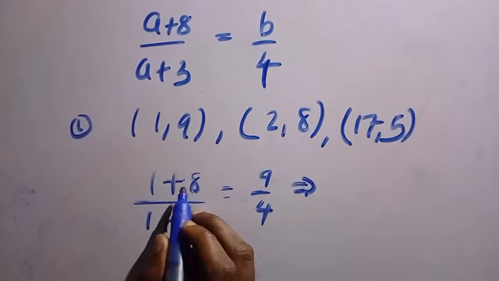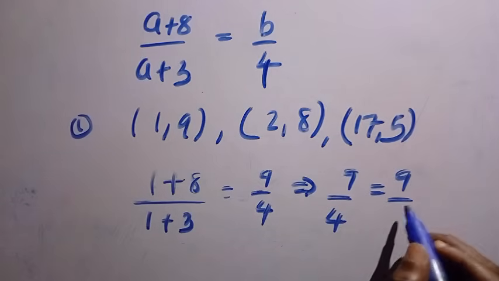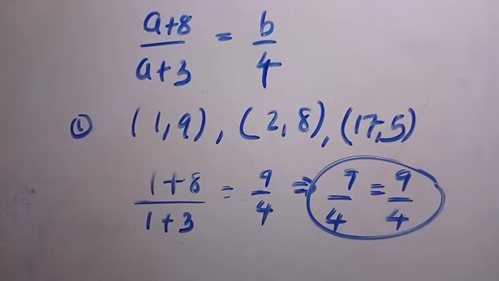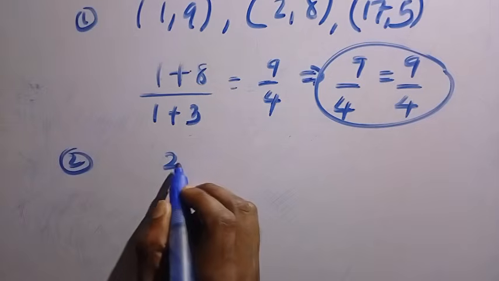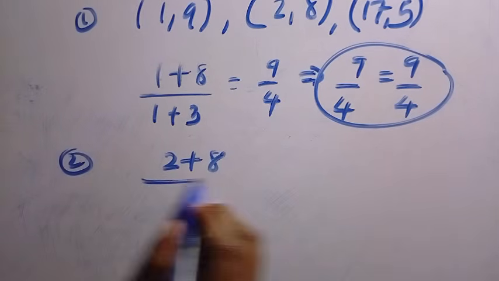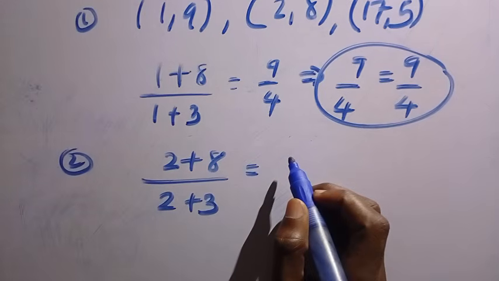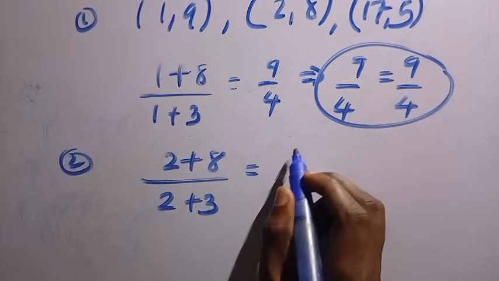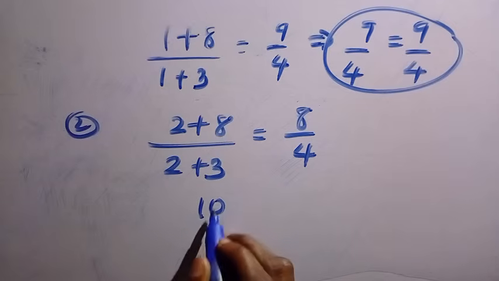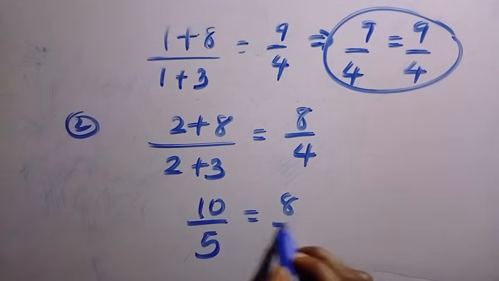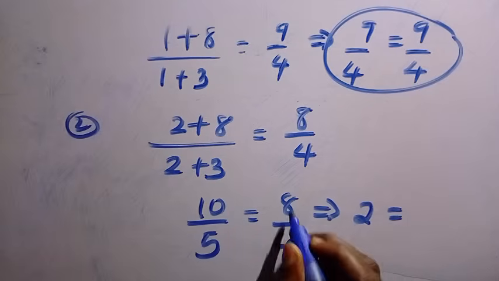Looking at this, 1 + 8 is 9 over 1 + 3 is 4, and these two are equal, which is correct. Also let's check where we have 2 and 8. We have (2 + 8)/(2 + 3) = 8/4. So 2 + 8 is 10 over 5 equals 8 over 4. Are they equal? Yes. 10 over 5 is 2, and 8 over 4 is 2.